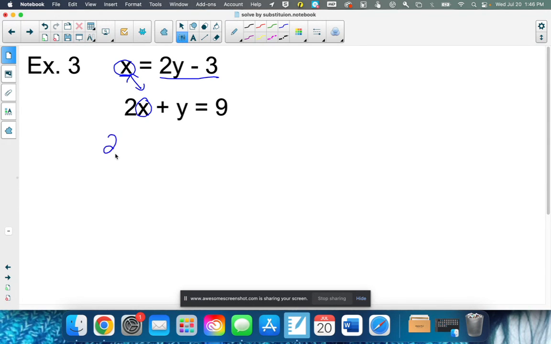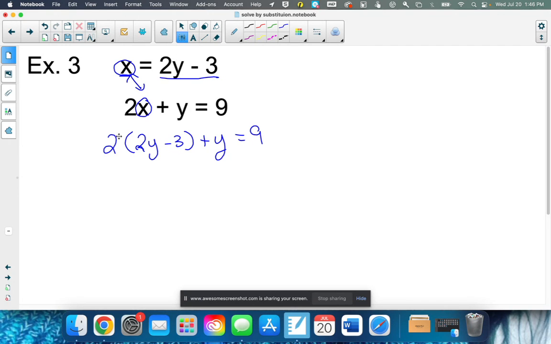So that's going to be 2 times 2y minus 3, since that is 2 times x, multiplying by the whole thing. The plus y doesn't change, and neither does the 9. So I've rewritten that second function, and I've changed x. I've substituted x and made it 2y minus 3. So I've done my substituting.